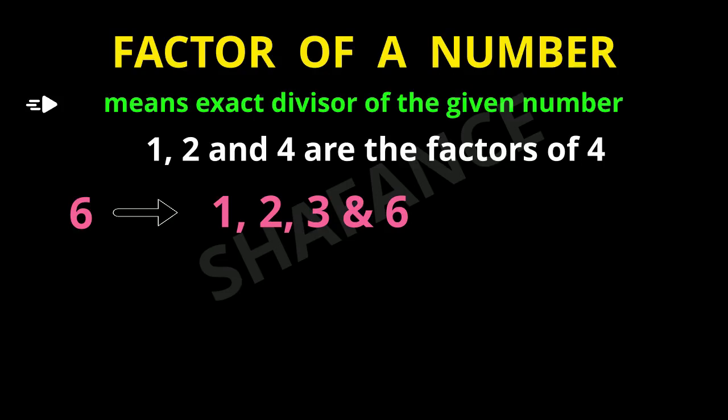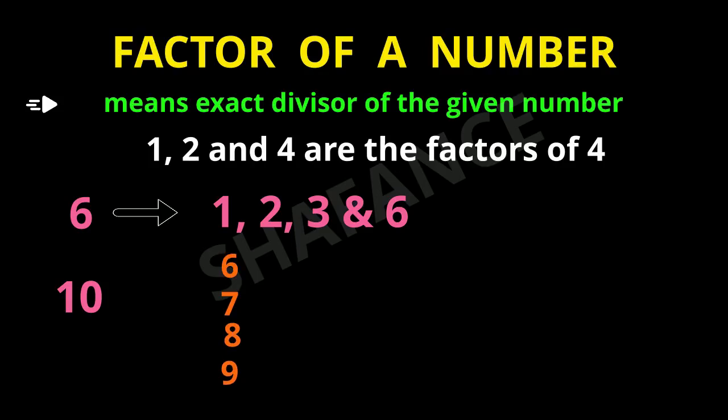Let's take another number. We have 10. When we divide 10 by 2, we get 5. So let's write numbers which are greater than 5 but less than 10. We have 6, 7, 8 and 9. When we multiply these numbers by 1, we won't get 10.